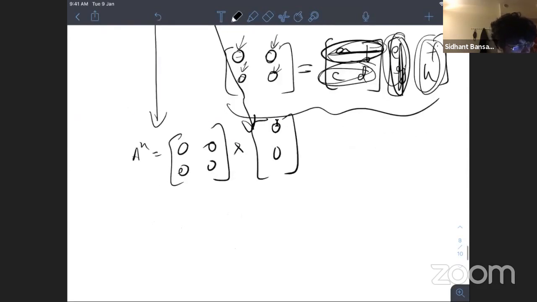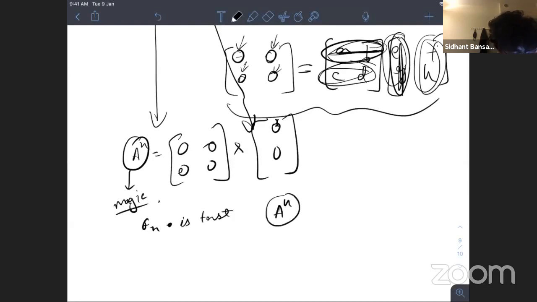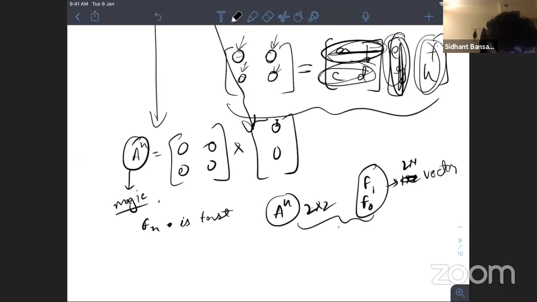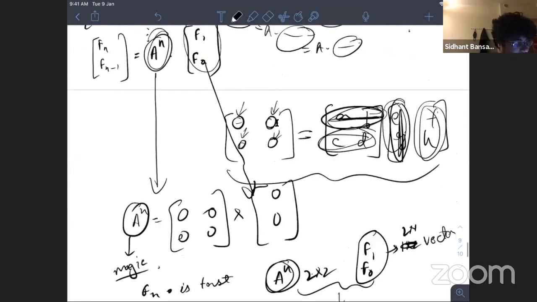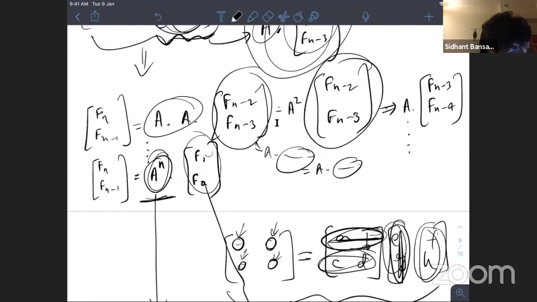So if you have A to the n somehow by magic, then calculating Fn is fast, because A to the n is a 2 cross 2 matrix, and F1, F0 is a 2 cross 1 vector, and multiplying these two is order 1. If you already know what A to the power n is, you just plug it in here, do the multiplication, and get this and this, but you can ignore this value. You don't need it. You just get Fn.